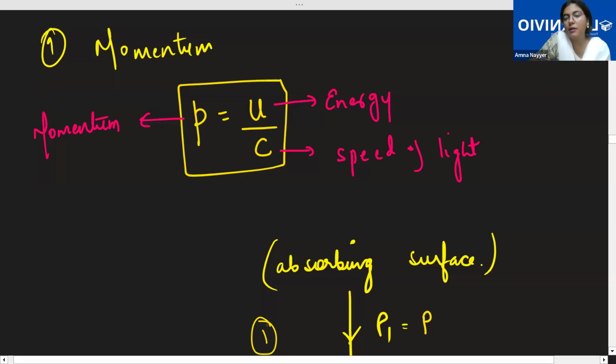Class, look at the formula, mass into velocity. It's not mass into speed. Kinetic energy is half mv square, which is half into mass into speed square, not velocity square. If velocity is included, it will be a vector. When you have a scalar multiplied to a vector, the resultant is a vector. Anyways, why did I say this?